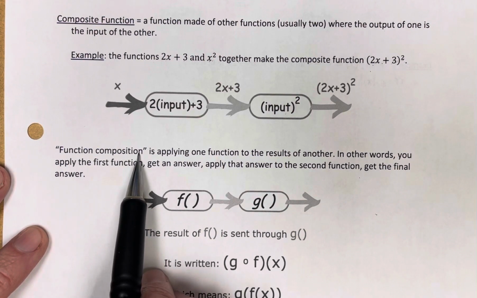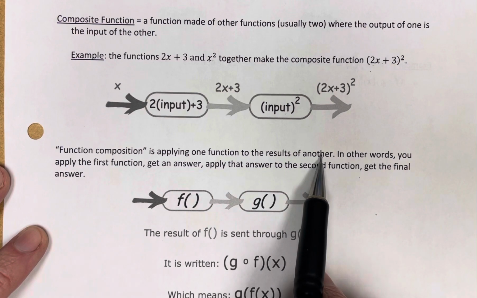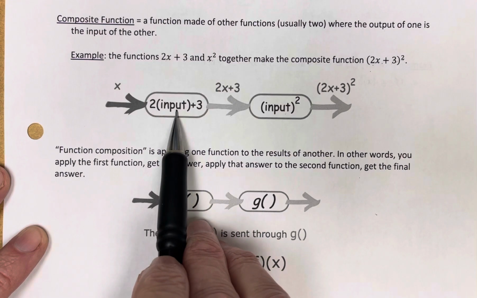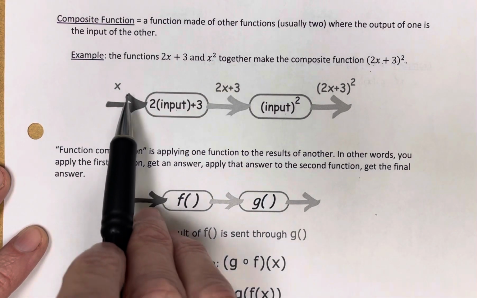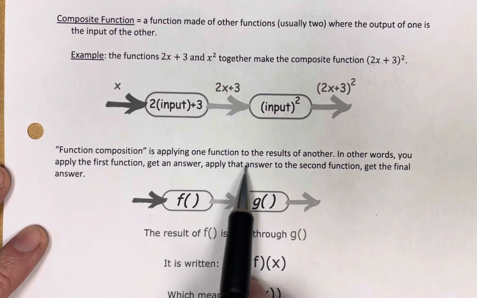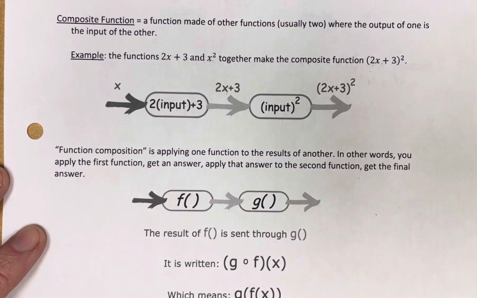Function composition is basically applying one function to the results of another. We applied this function to the results of this function. In other words, you apply the first function, you get an answer. You then apply this answer to the second function, and you get the final answer.